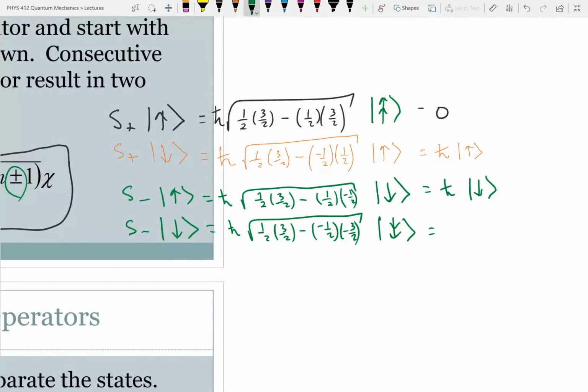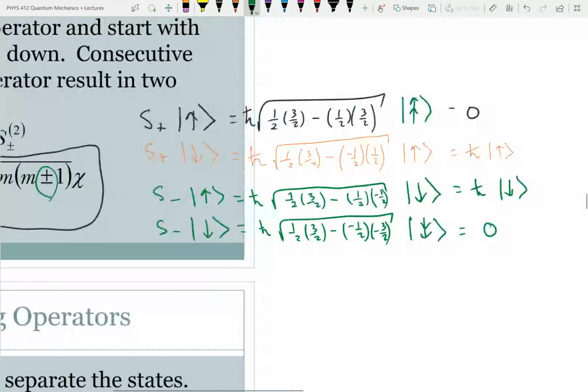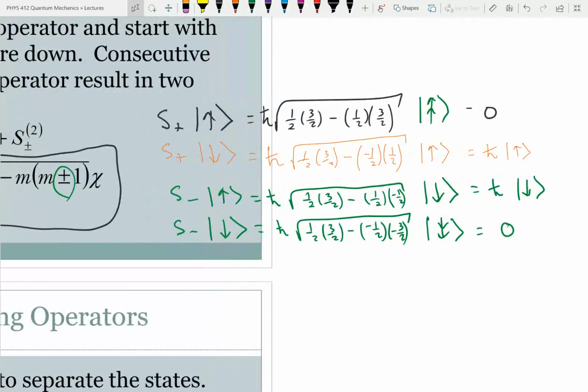But minus times minus is a plus. 3/4 minus 3/4 is 0. So that's what I should have had last class period, where I had the mistake. They had 2 mistakes because it had h bar over 2, and what was the other part? Oh, one of them had a minus sign. Notice there's no minus signs here.